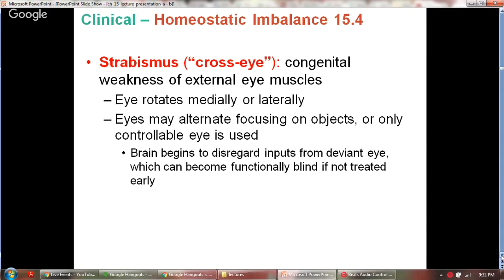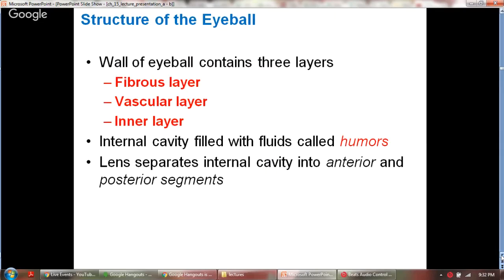So the structure of the eyeball is that the eyeball contains three layers: the fibrous layer, the vascular layer, and the inner layer. And the internal cavity of the eyeball is filled with a fluid called humor. And based on where this humor is, you would define it as either vitreous humor or aqueous humor.